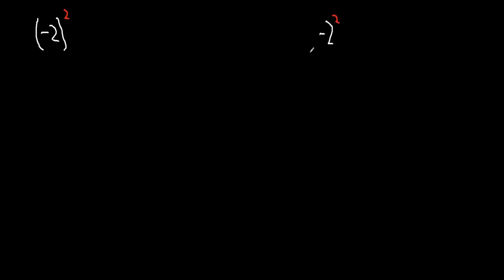So there's actually a difference between these two. In our first one, in our first power, we have -2 as our base. So that gives us -2 times -2. Because we have our 2 as our exponent, so we must use this -2 twice in the multiplication. So that gives us 4.